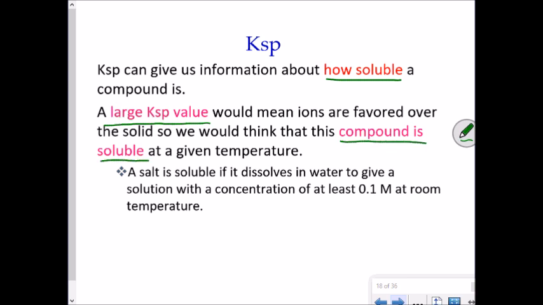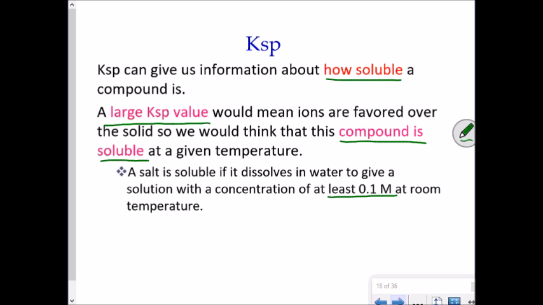And here's actually the designation. When you dump it into the water, it has to be able to dissolve enough to make a 0.1 molar solution. It has to be able to make at least a 0.1. I mean, it could make a 0.2, 0.5, 1.0, but it has to be able to at least dissolve enough to make a 0.1 molar solution to be considered on the soluble side of the solubility rules.